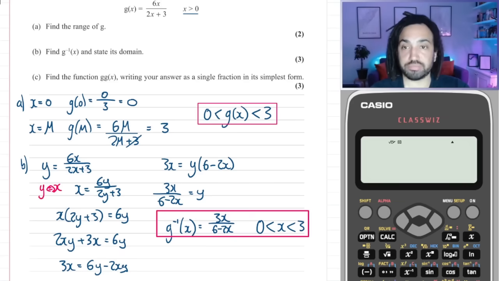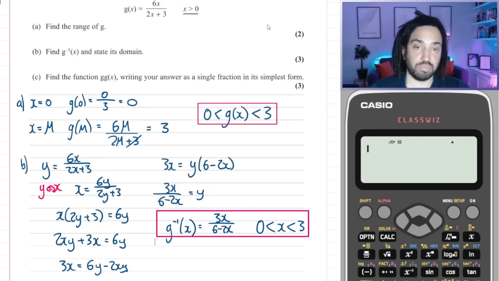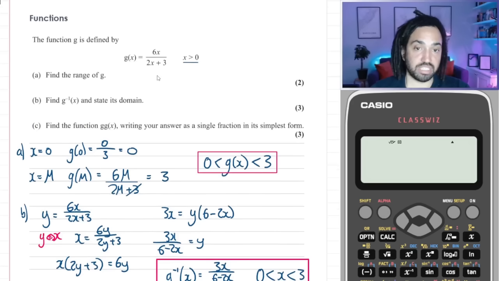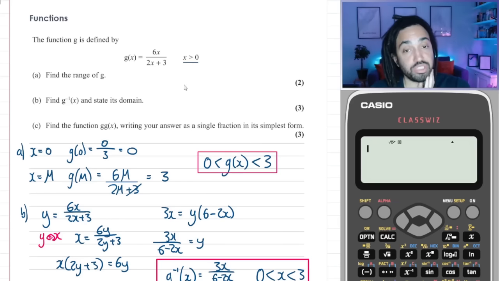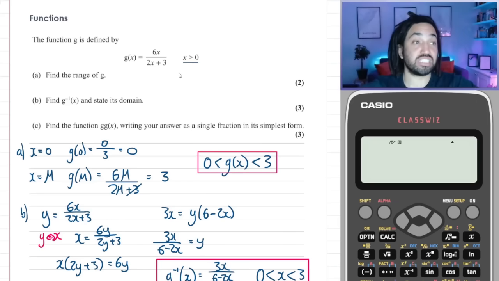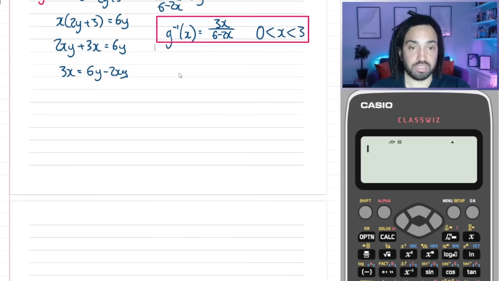Okay, perfect. And now it says find g of g of x, giving your answer as a single fraction in its simplest form. Okay, so there's g of x at the top. Let's just remember that it's 6x over 2x plus 3. And we're just going to replace every x with g of x itself. Okay.